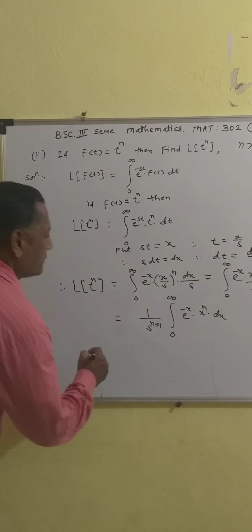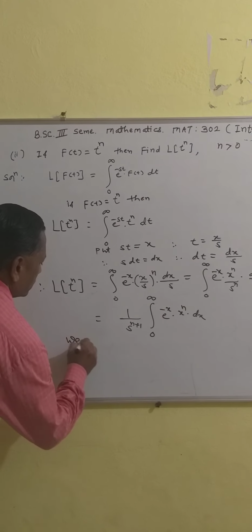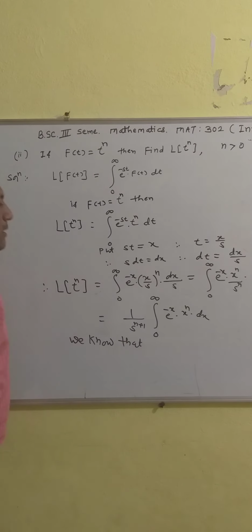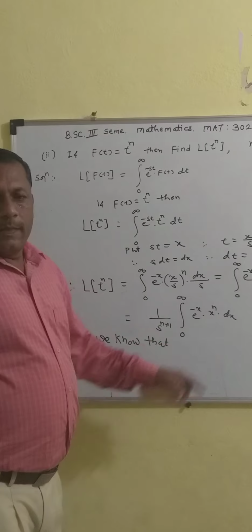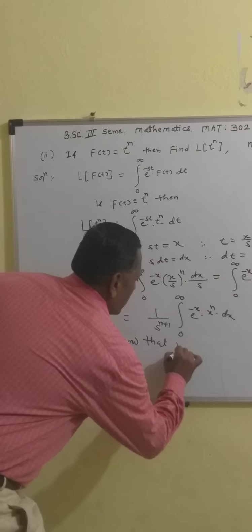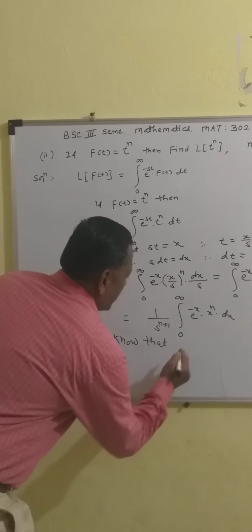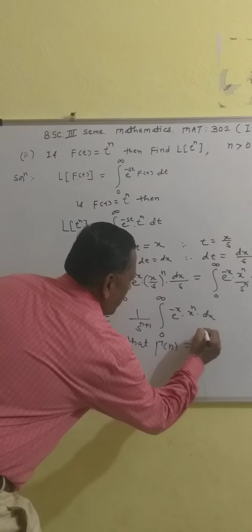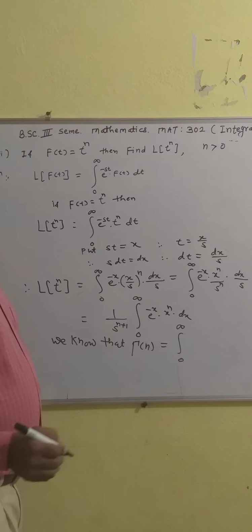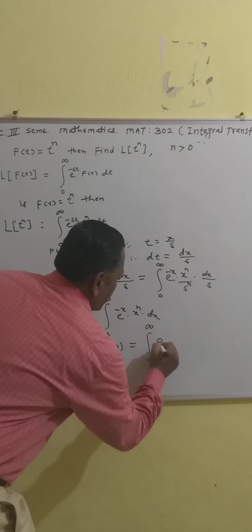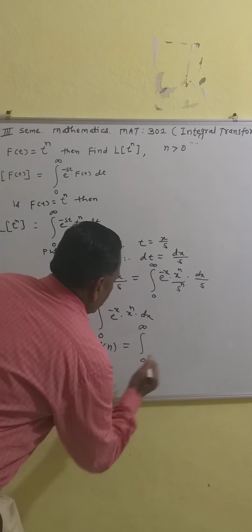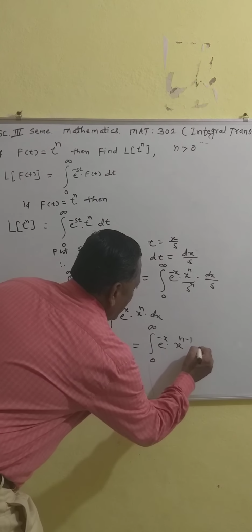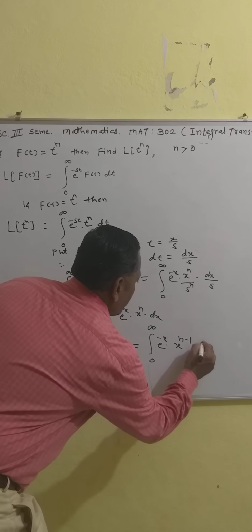So we know that if n is greater than 0, then gamma of n is equal to, so the symbol of this gamma of n is equal to integration going from 0 to infinity e raised to minus x into x raised to n minus 1 dx.